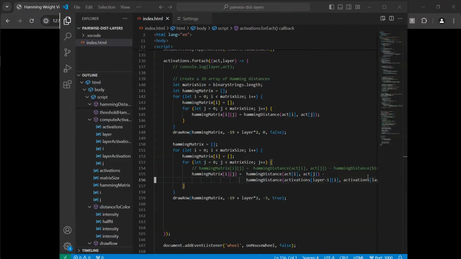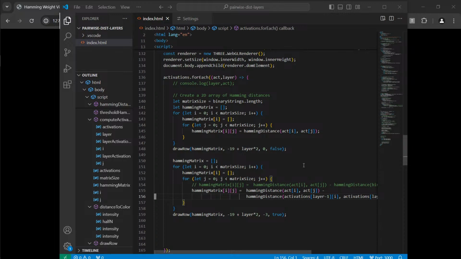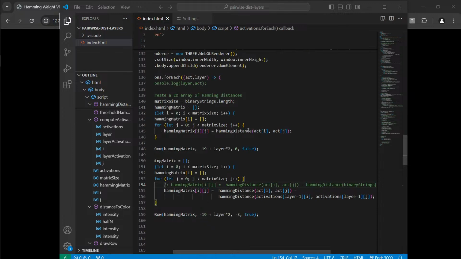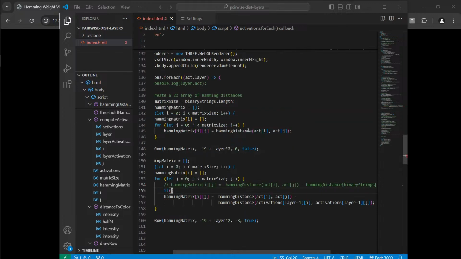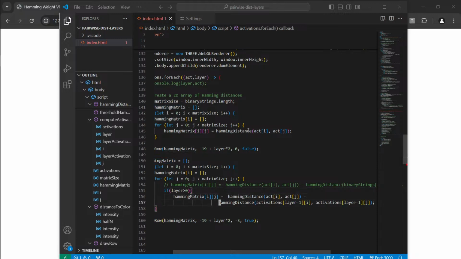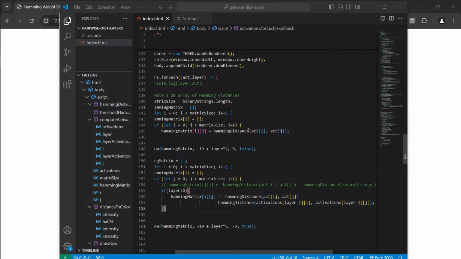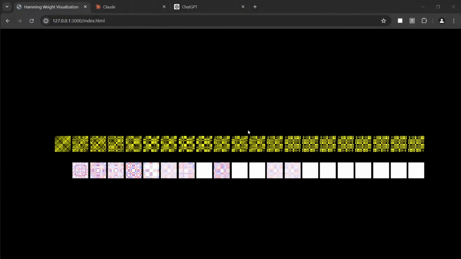That is not cool. It does not like that. Why not? Why not? Okay, I guess if layer is greater than 0. Right.